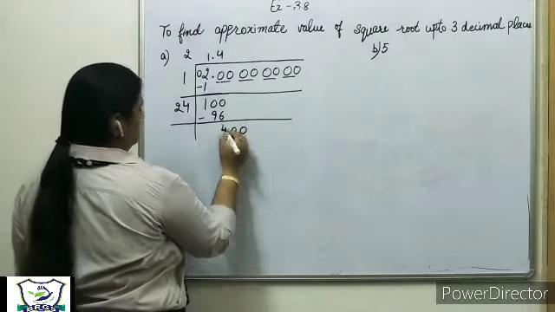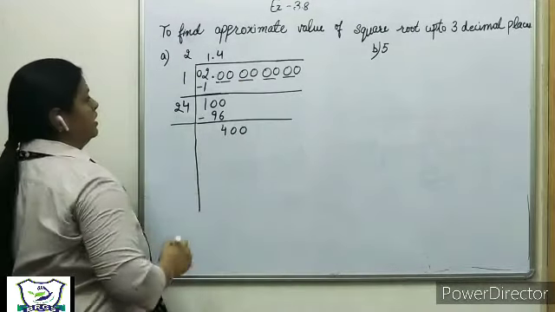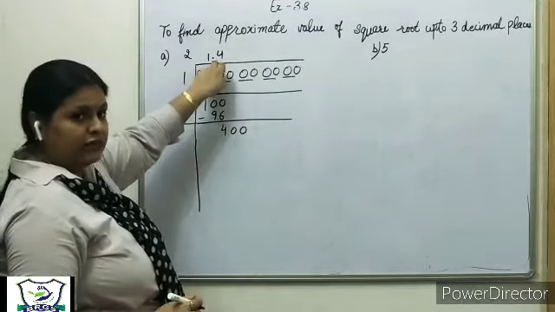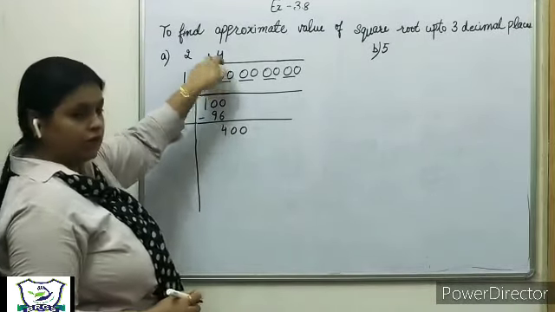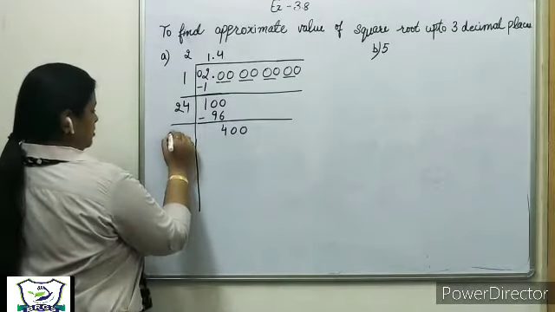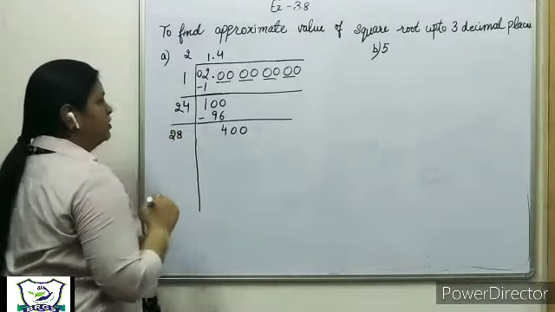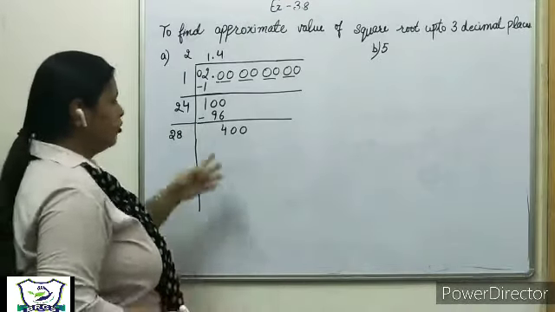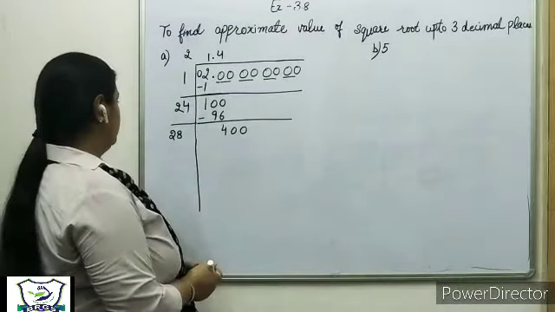Second pair down. Next, it is 14. Ignore the decimal point for this part. 14 plus 14, it is 28. Now which number should we put with 28, so that our result is either 400 or less than 400?